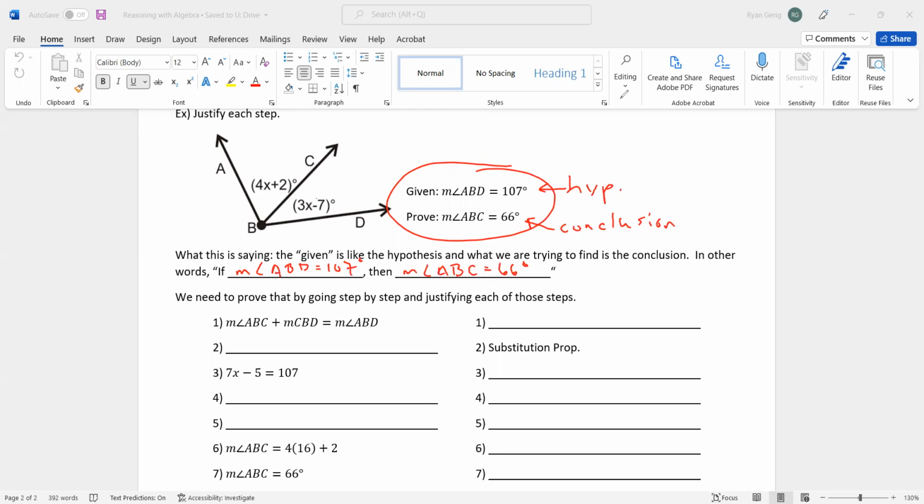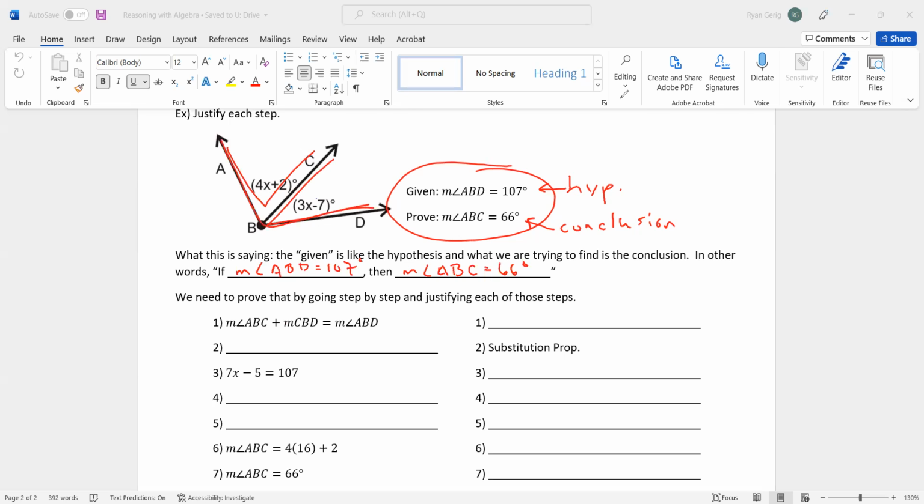So notice my first statement. A lot of times the hardest one is the first one. You might have to do the whole thing with nothing. So like all of this stuff that's given to you would be gone. However, for a little while, it won't be. So the statement is the measure of ABC, so that's this, plus the measure of CBD, that's this, equals the whole thing.